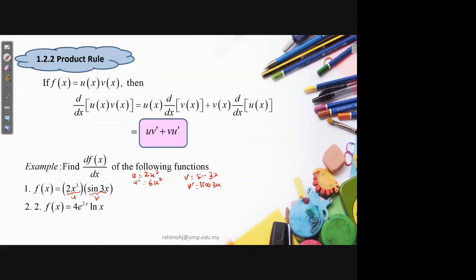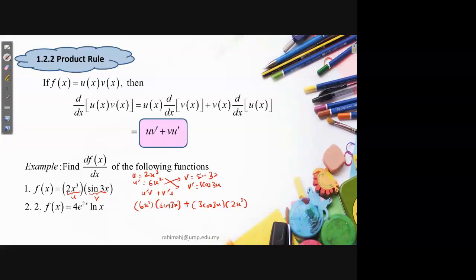What's next? Substitute into the formula u prime v plus v prime u. What's u prime? u prime is 6x squared. What is v? So cross multiply like this, times sine 3x, plus v prime, which is 3 cosine 3x, multiplied by u, which is 2x cubed.